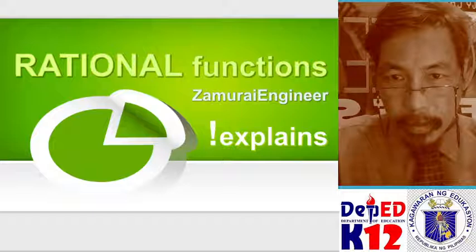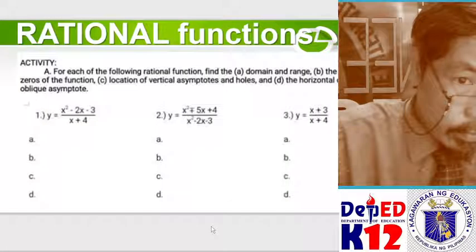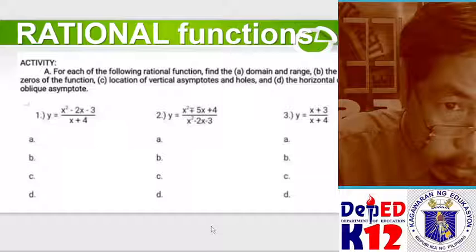So, we have y is equal to x squared plus 5x plus 4 over x squared minus 2x minus 3.